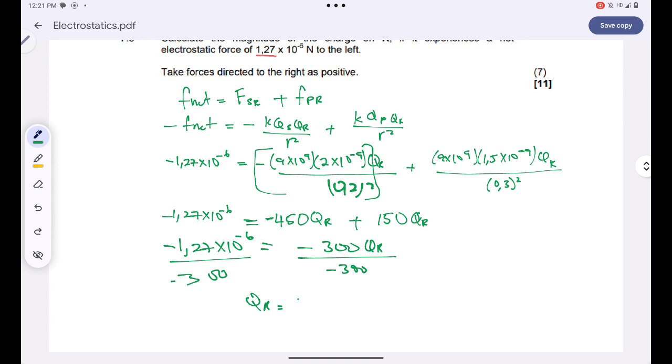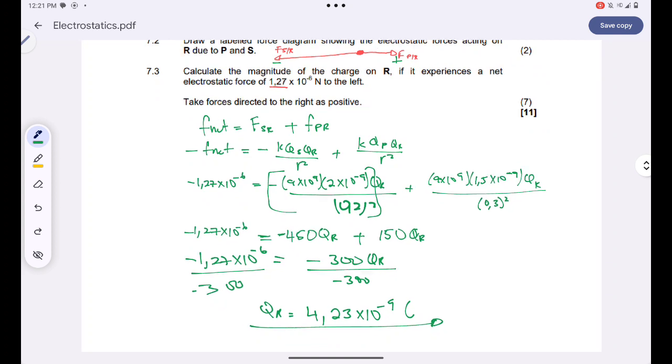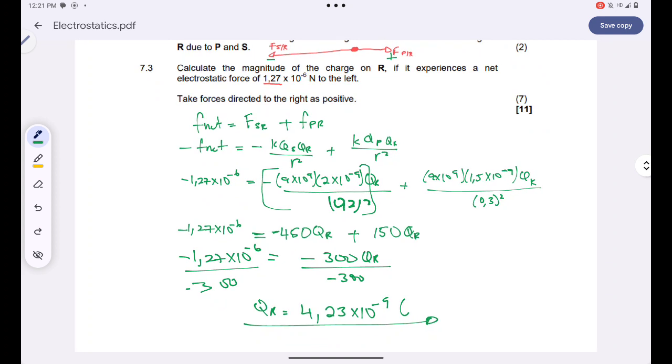This will simply give us 4.23 times 10 to the negative 9 coulombs. So the charge on sphere R is just positive 4.23 nanocoulombs, 4.23 times 10 to the negative 9 coulombs.